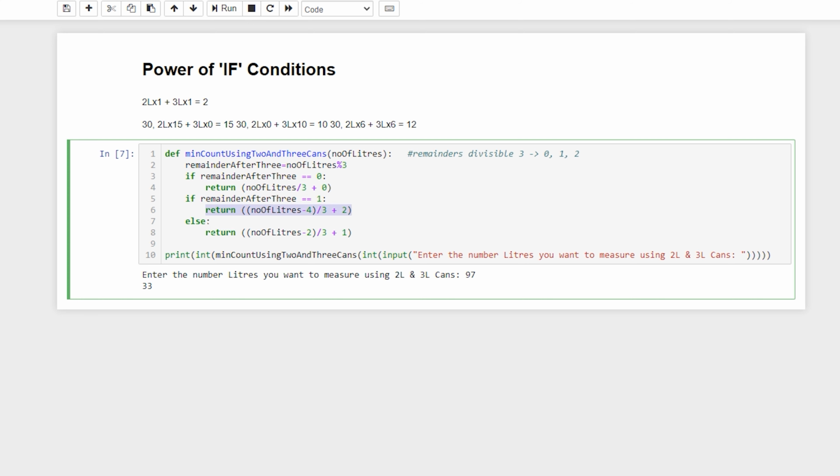So at most four lines of code will be executed, and at minimum three lines of code will be executed.